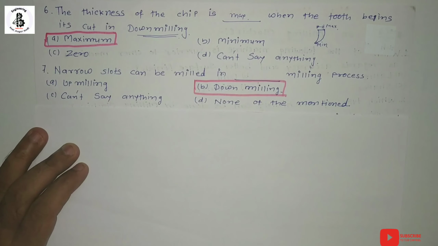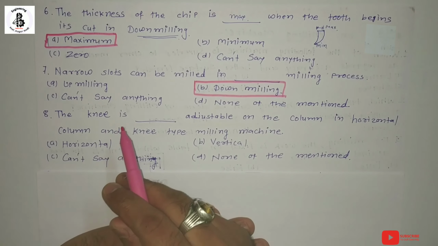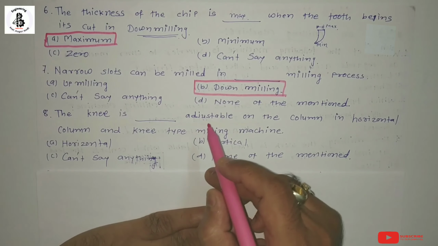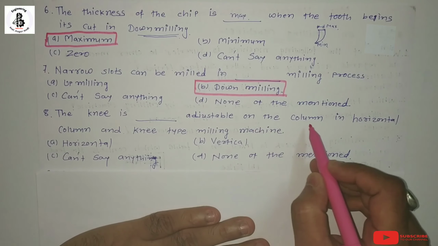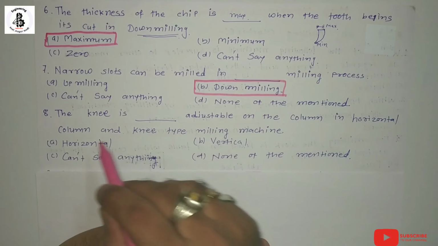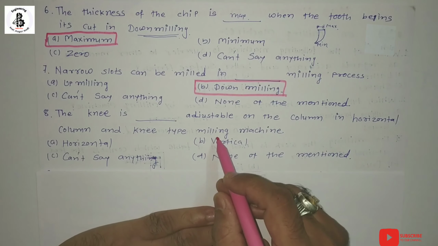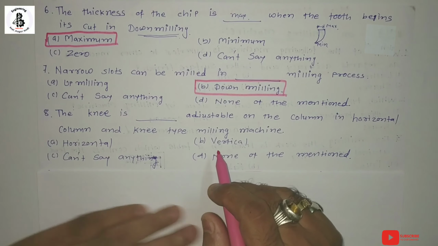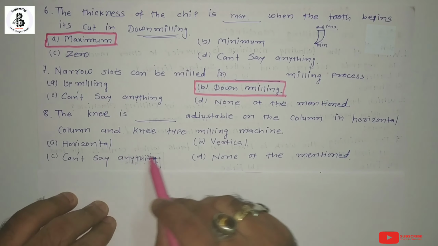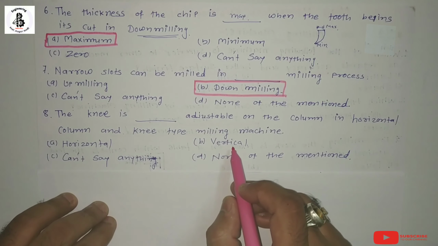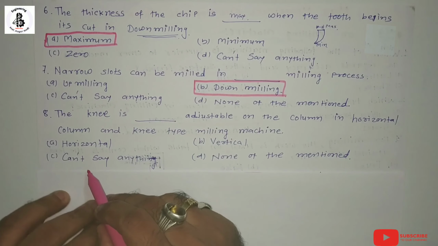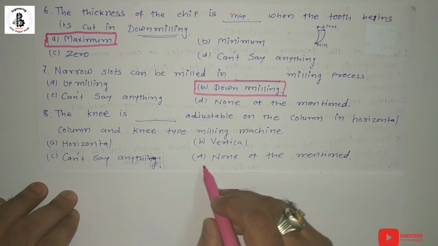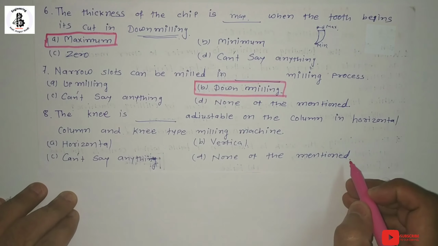The next, the knee is adjustable on the column in a horizontal column and knee type of milling machine. Option A, horizontal. Option B, vertical adjustable. Option C, can't say anything. And option D, none of the mentioned.